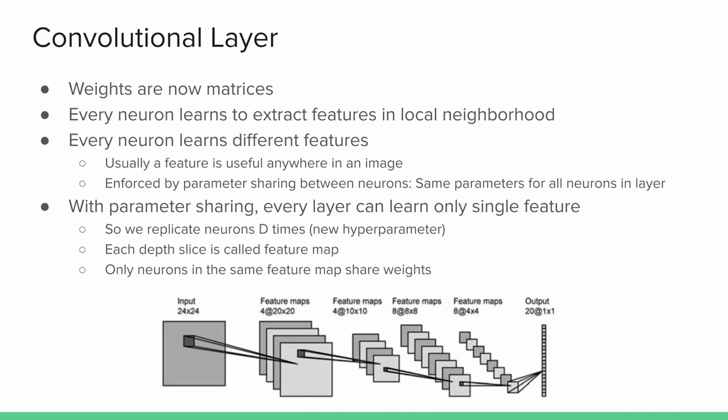And then as we go further up in our hierarchy, we have more meaningful features that are more specific, so we would like to have more different feature maps here. And ultimately, we produce a certain output.